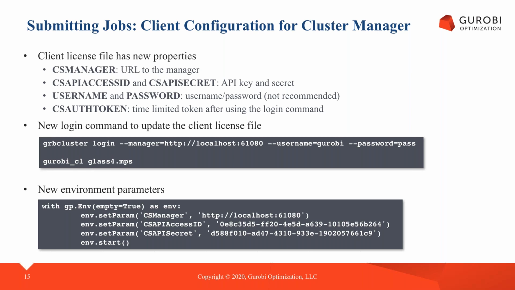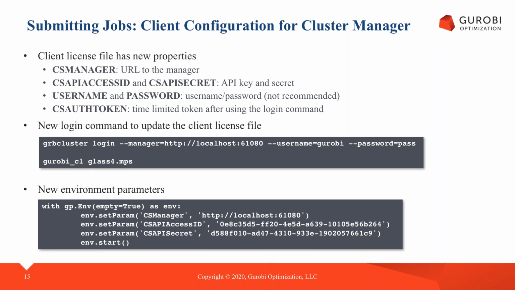A better approach is to use the login command, where you specify your username and password, and the cluster manager will return an authentication token. This token is secured and stored in your client license file. So here is an example.